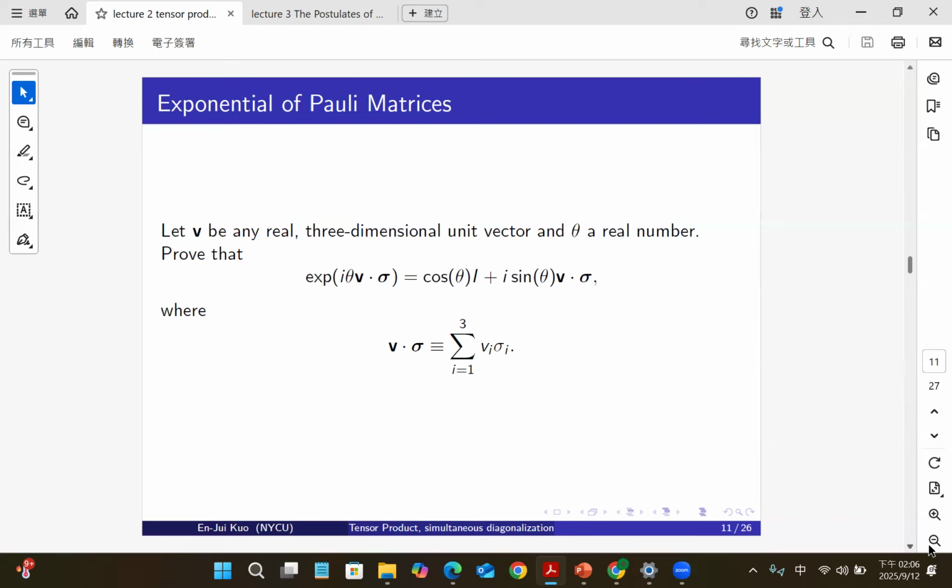The important property is that S squared is the identity. So the first term is the identity, and the second term is i theta S. The third term has S squared, which is 1, so it is minus theta squared divided by 2 times the identity. I already proved that the square of this matrix is the identity. For the fourth term, because S squared is the identity, the remaining is a single S. You always get a single S, and you get minus i theta cubed divided by 3 factorial.